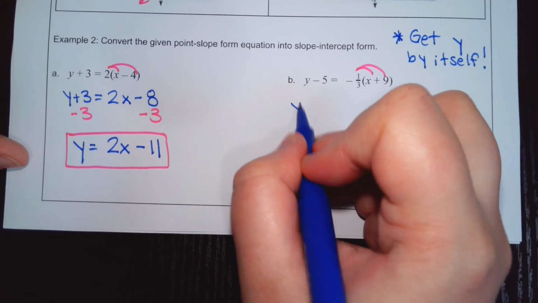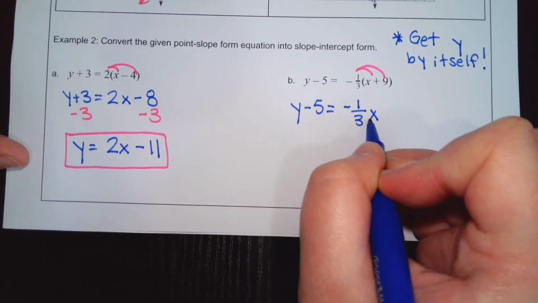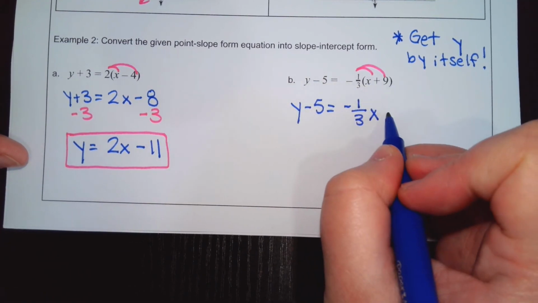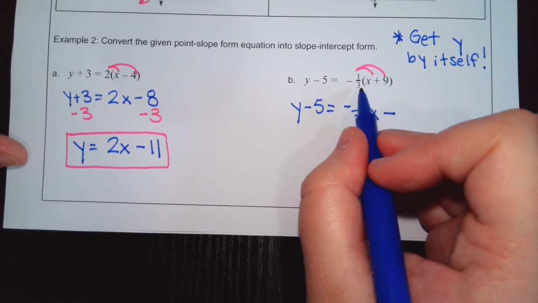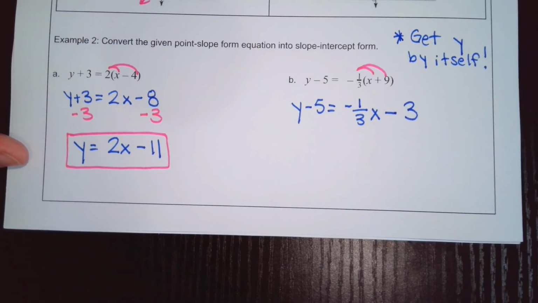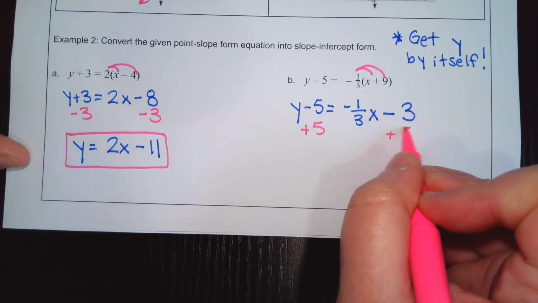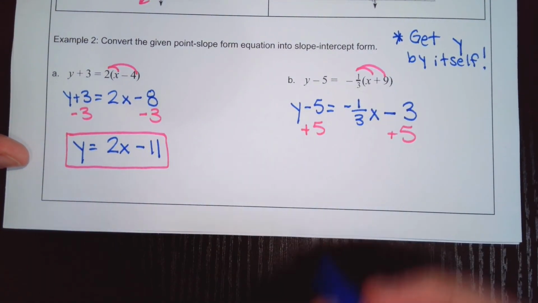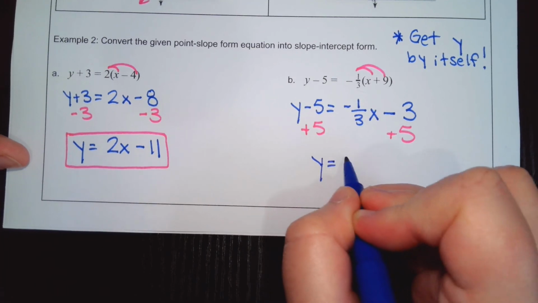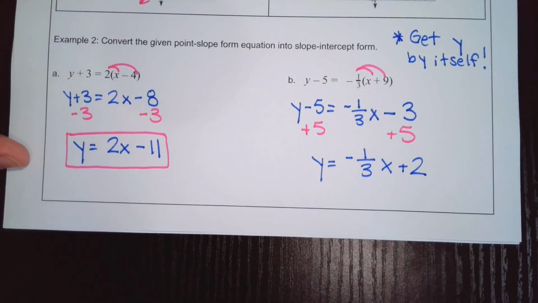So we have y minus 5 is equal to -1/3 x. A negative times a positive is negative. And then 1/3 of 9 is just 3. And now we add 5 to both sides. And we get y is equal to negative 1/3 x plus 2.